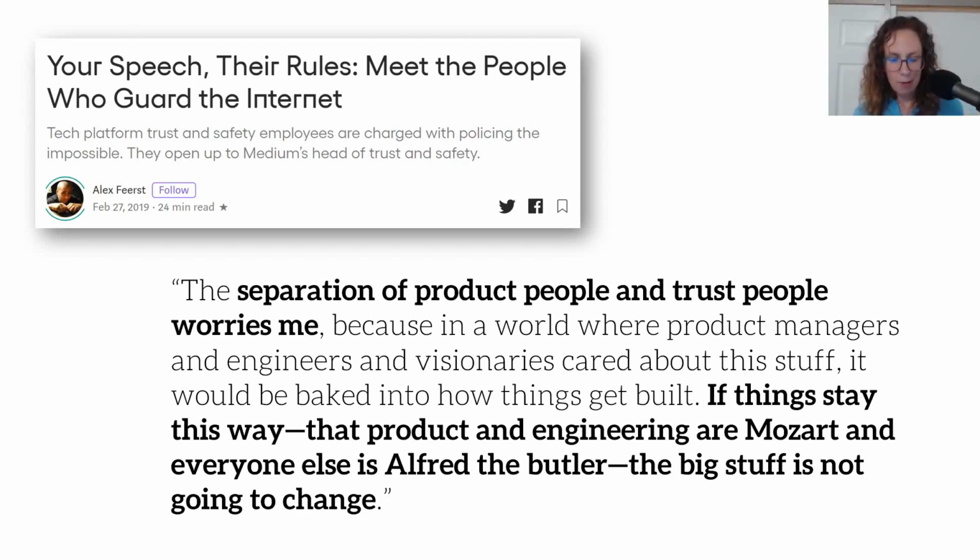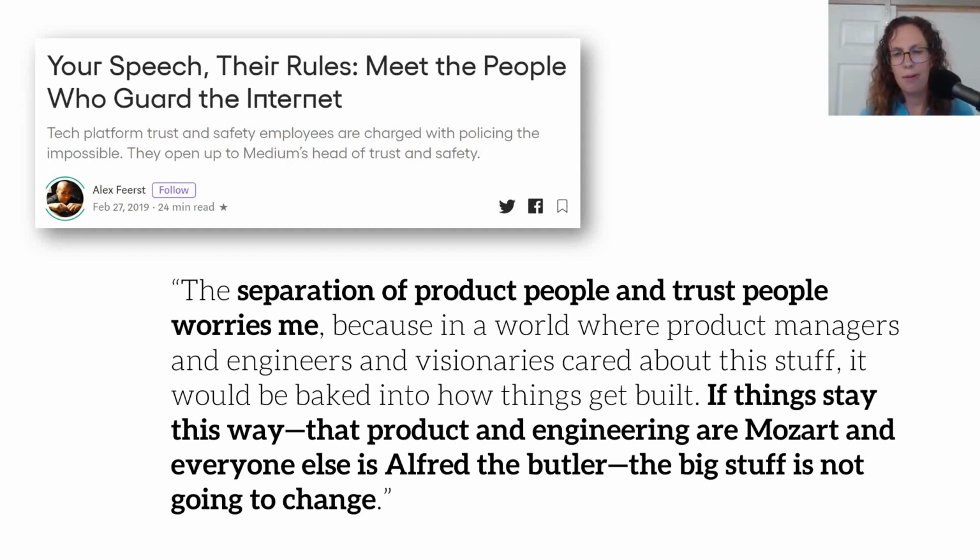One of the ideas that came up that I really liked was from one of these people, and so many of them have worked in trust and safety for years at big name companies. One of them said, the separation of product people and trust people worries me, because in a world where product managers and engineers and visionaries cared about this stuff, it would be baked into how things get built. If things stay this way, that product and engineering are Mozart and everyone else is Alfred the Butler, the big stuff is not going to change.